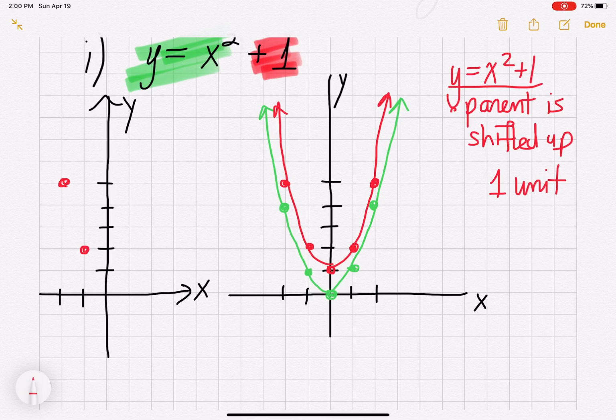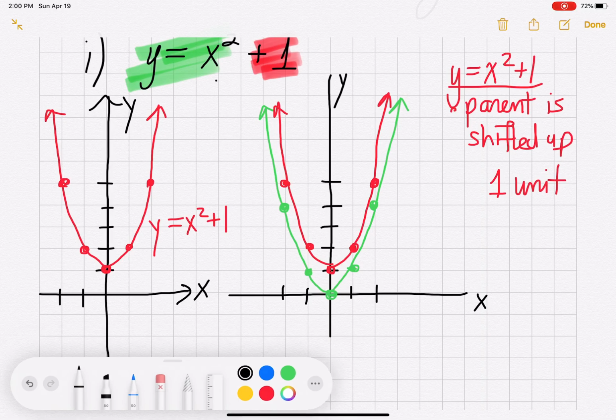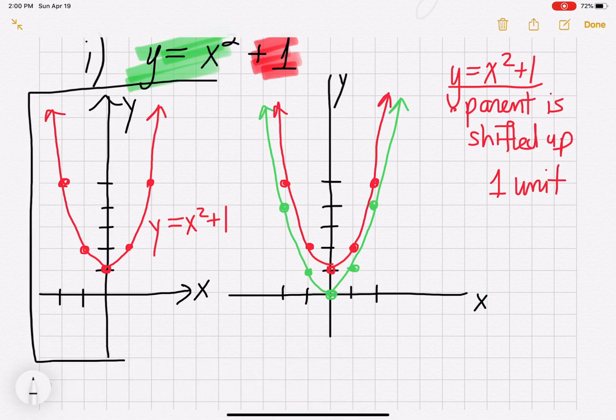What else? We have 0, 1. We have 1, 2. We have 3, 5. Try to draw this as neat as I can with this setup. This is going to be y equals x squared plus 1. So this is our final graph here in the box.